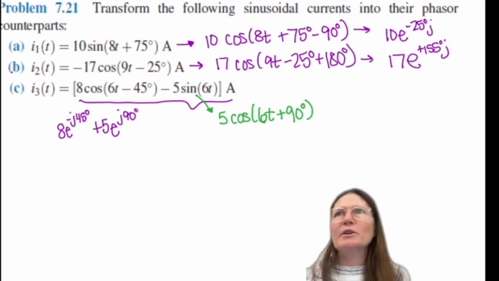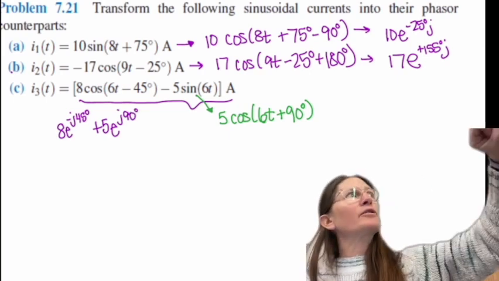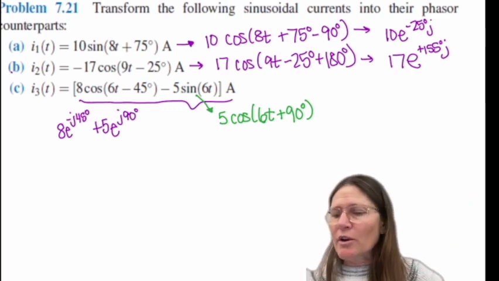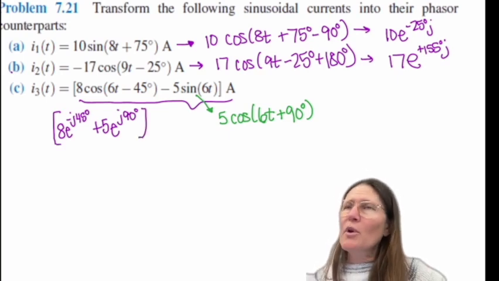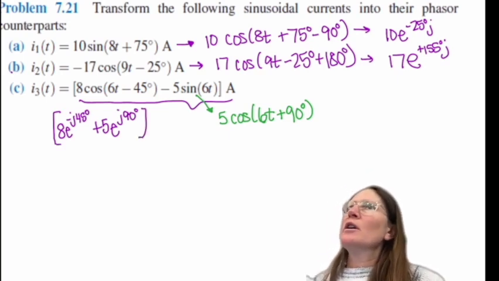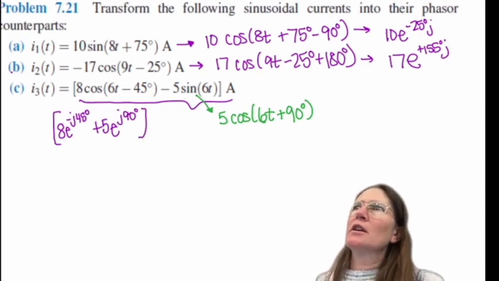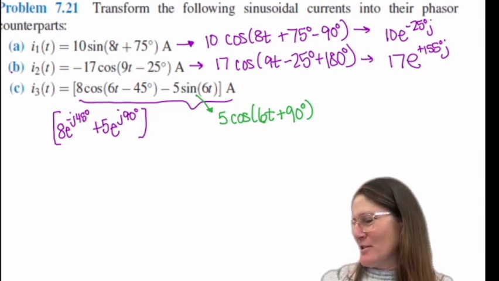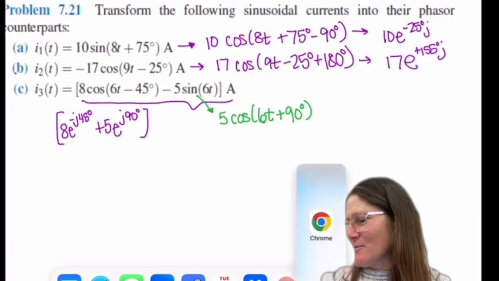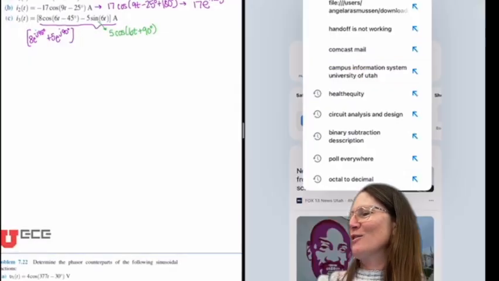All right, so these would be the phasors for all of these. What do we do now that we have two polar forms that want to be added? You're going to love my answer because I make errors all the time in conversions.